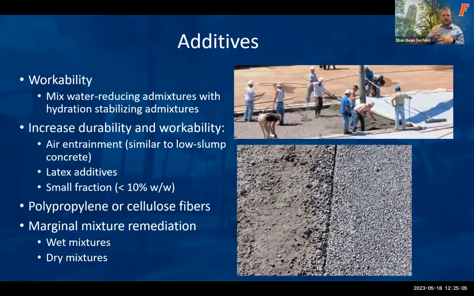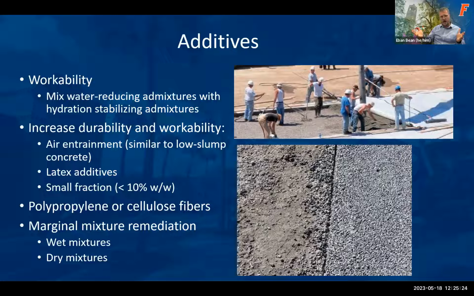One of the things that has come along, and I'll touch on this as well with porous asphalt, is that additives into these pour in place options have come along quite a bit in the last 10 or 15 years. So in addressing workability, mixing in water reducing admixtures with hydration stabilizing admixtures can help with this situation.